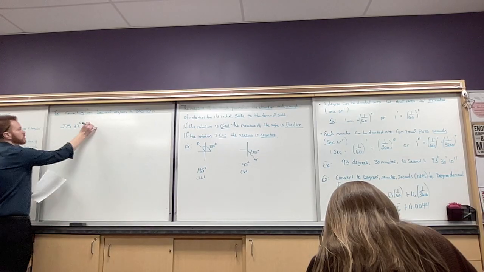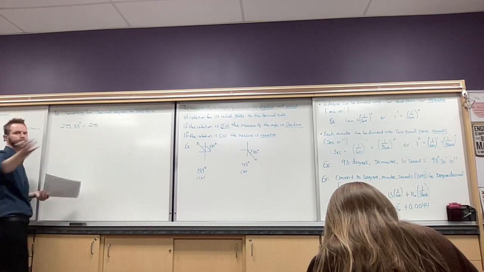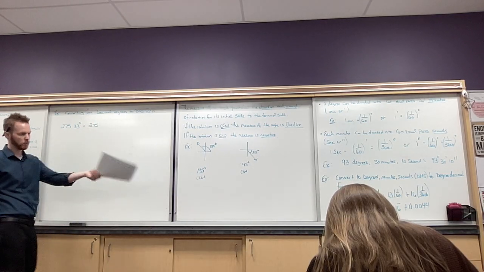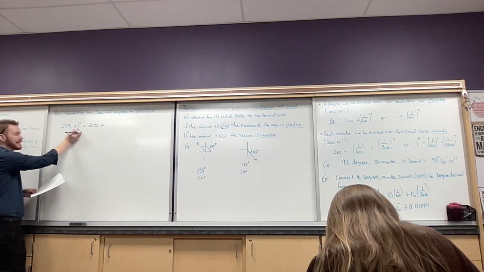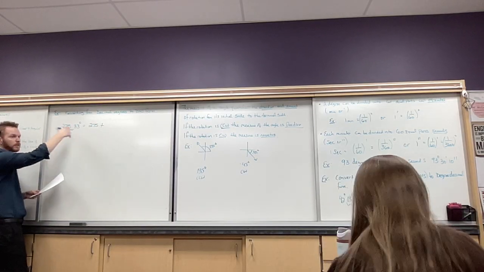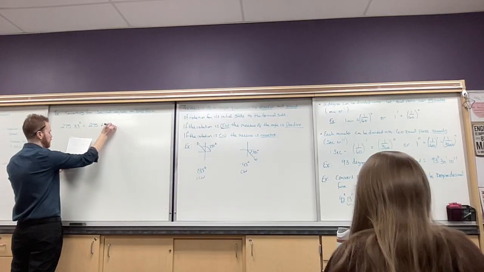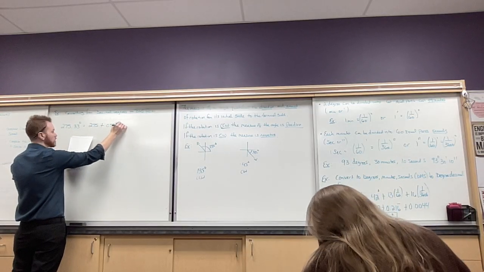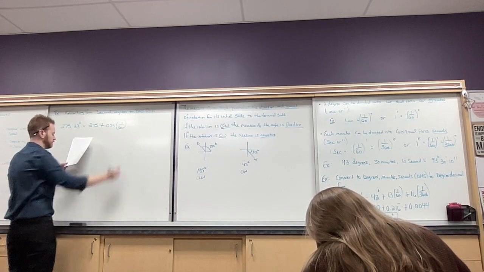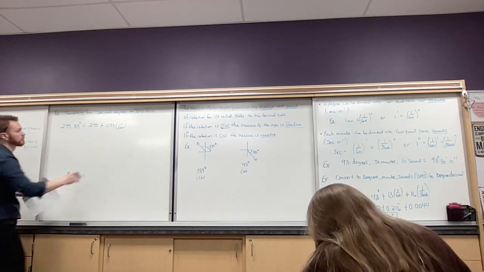So here we go. You start with 275, that's your whole number. Just like over here, whatever the whole number was, that's what you start with. Plus, I'm gonna take this and convert that part of the decimal into minutes. So it's gonna be 0.33 times, your 1 over 60. Actually, I'm sorry, we're going backwards here.